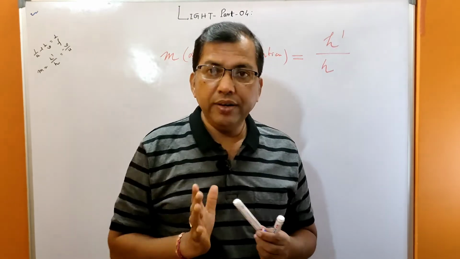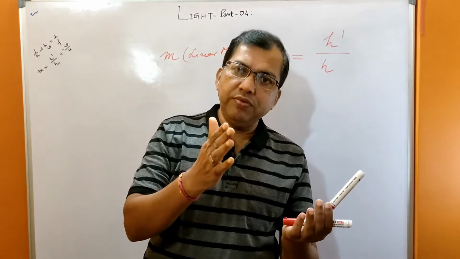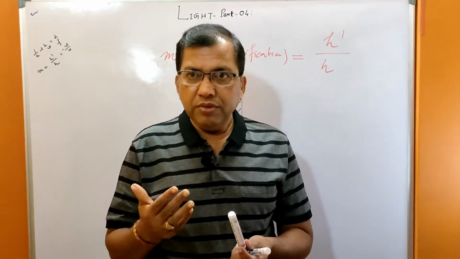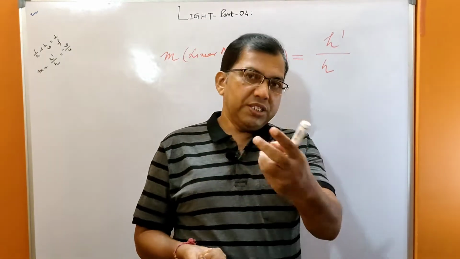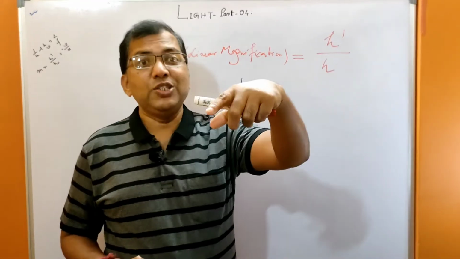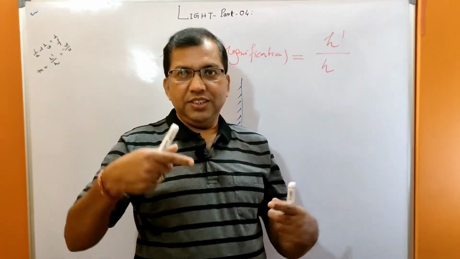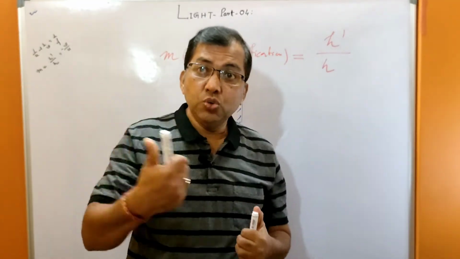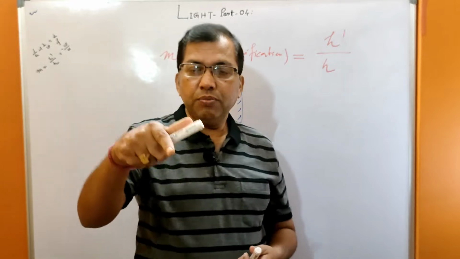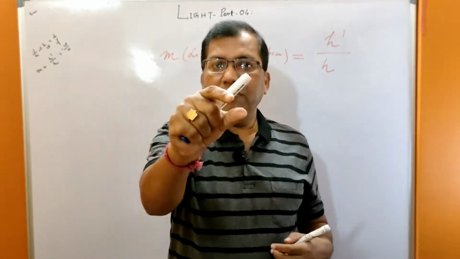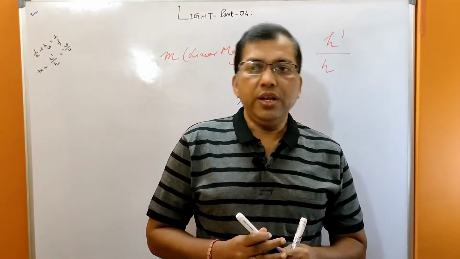In the case of a concave mirror, it may be positive or negative. Why? Because sometimes the image is real and sometimes the image is virtual. In the case of a real image, it is negative. In the case of a virtual image, it is positive. So for a concave mirror, the linear magnification may be positive or negative.